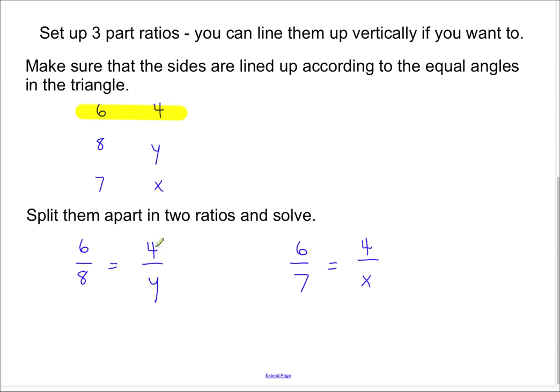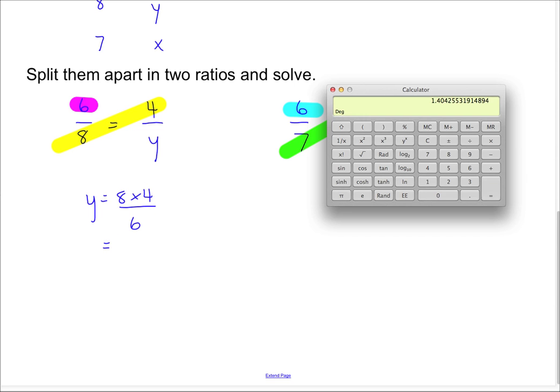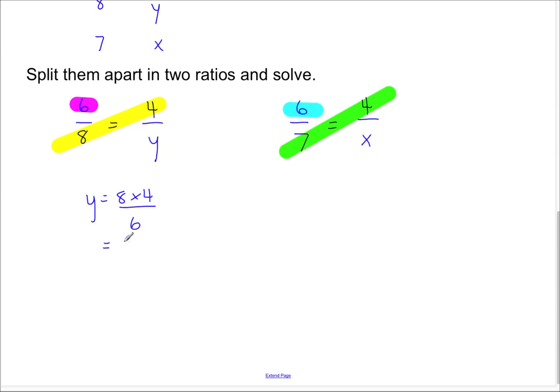So remember, cross multiplying, we multiply the two numbers and divide by the one that's left over. So let's do that. So we will take y equals 8 times 4 divided by 6. And let's have a look at that. 8 times 4 divided by 6 is about 5.3.